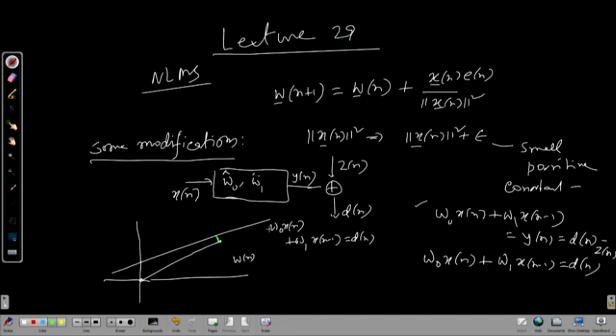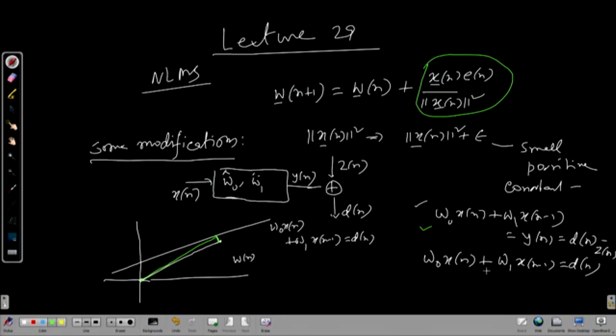So, we actually found out this much, that is, w(n) vector plus this will give you this vector, which we call w(n+1). But remember, this is not the correct straight line equation, the correct straight line is this one. What is the difference between the two? The gradient remains the same: w0 x(n), w1 x(n minus 1). So the gradient will be given in terms of x(n) and x(n minus 1), here also x(n) and x(n minus 1).